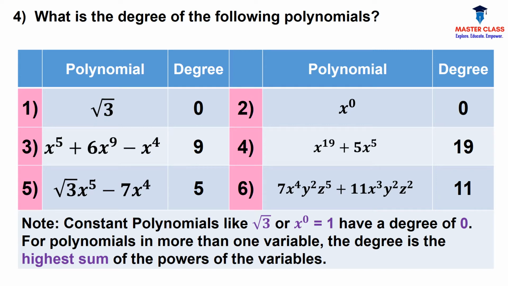In the first term, if we add the exponents of the variables x, y and z, we get 4 plus 2 plus 5, which is equal to 11. In the second term, we get 3 plus 2 plus 2, which is equal to 7. The sum 11 is the highest in the first term. Therefore, the degree of this polynomial is 11.